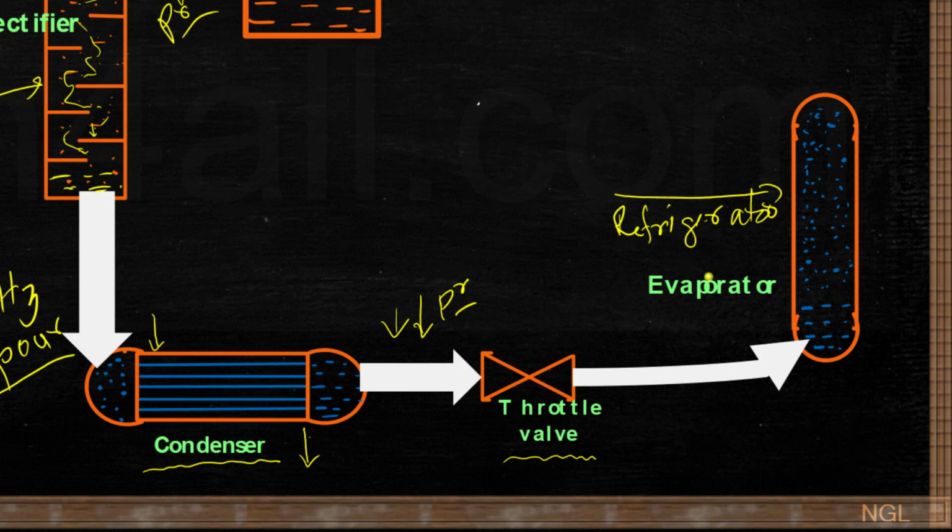This is now ammonia liquid, low pressure, low temperature. It will absorb the latent heat of vaporization from the refrigerator or evaporator, and it will get evaporated.